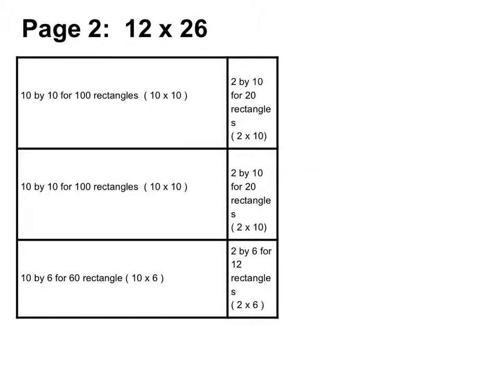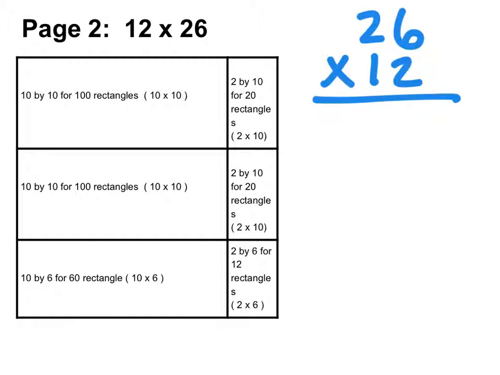So if I come over here, I'm just going to recopy that really quickly. So 26 times 12, we did the 2 times 6, so I'm going to hold off on the carrying for a second. So we did 2 times 6, which is 12, and then the 2 times 2, which is 4, and the 1 times 6, and the 1 times 2, so we ended up with something like this.